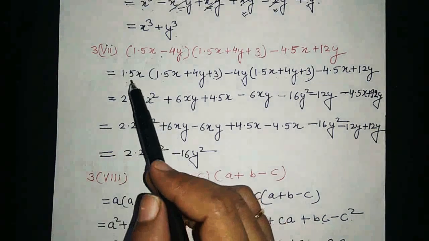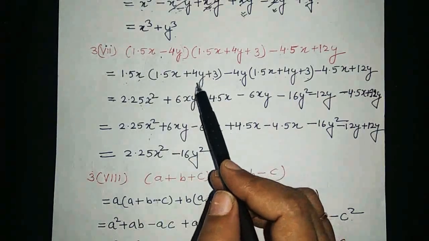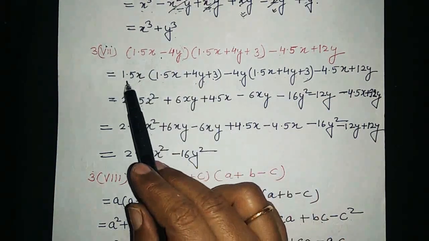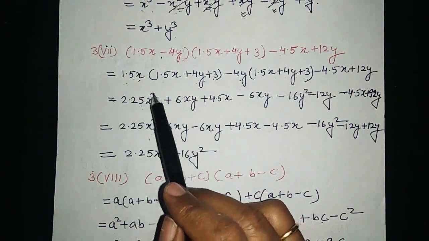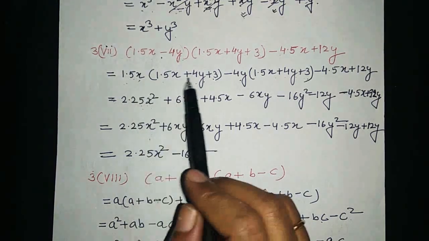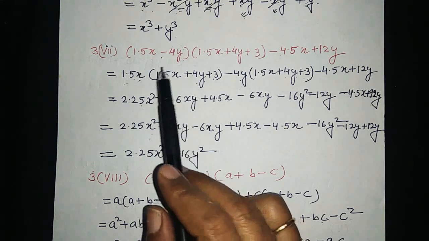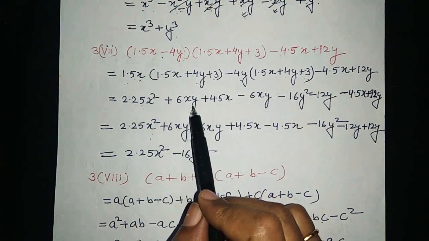Now we will multiply this 1.5x with this 4y. 15 fours are 60, and here we are multiplying 1.5 with 4, so 6.0 means what? 6 will come, and x and y, here xy will come.